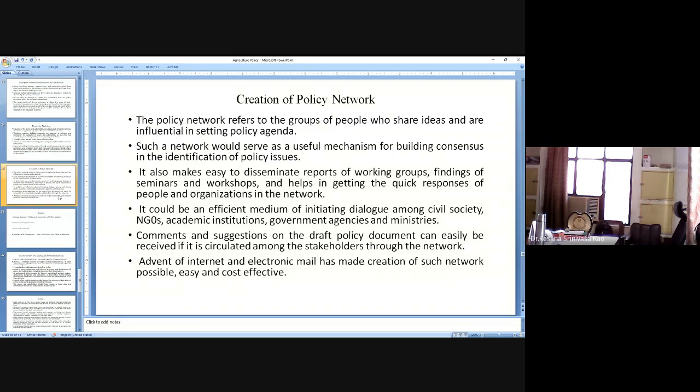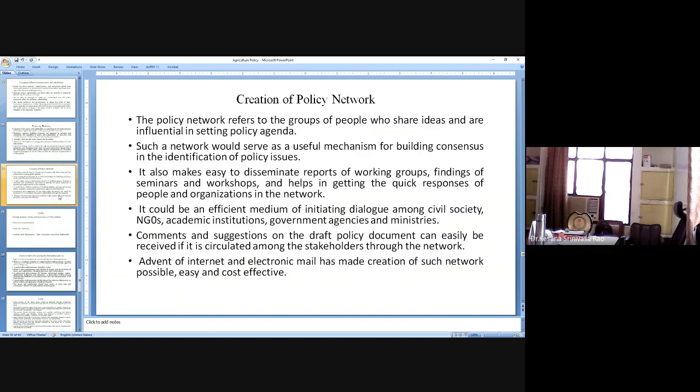and cost effective. In this way, the agriculture policy creation can directly reach each and every stakeholder, as well as the actors, in a speedy manner through electronic media, through email and the networking facilities.